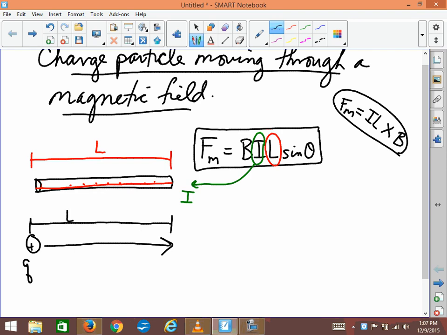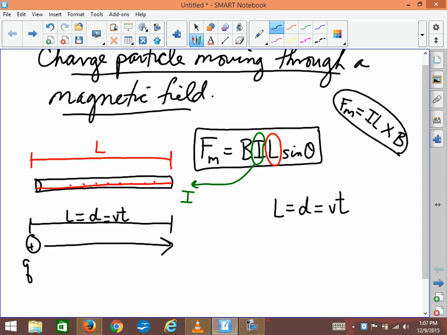The length could be considered the distance that it travels, which of course is speed times time, isn't it? And the current, I'm going to write that over here. The length could be the same as d, the distance traveled, which is speed times time. I know it's speed times time because it's constant speed. We're just assuming that this little charged particle is flying along without accelerating.